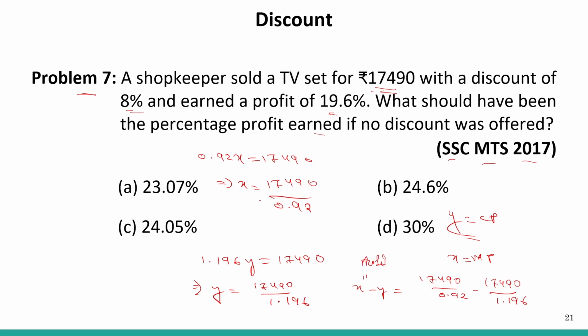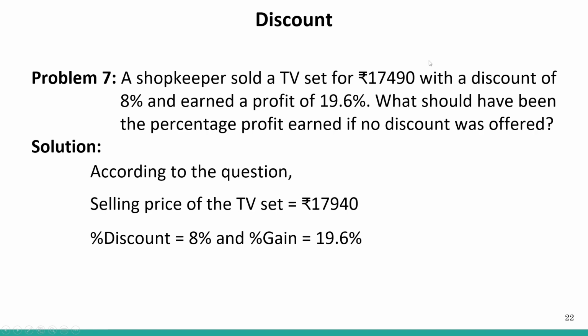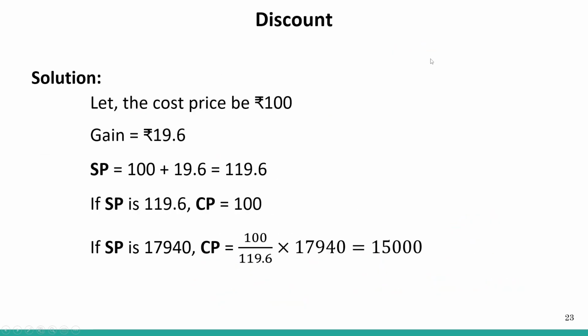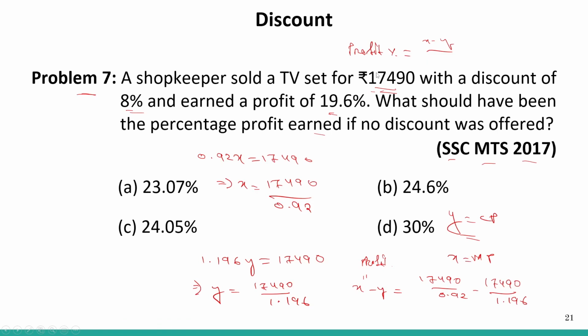So how to calculate profit percentage? Profit percentage is equal to x minus y, that is the profit earned, divided by the cost price. The cost price is y, right?